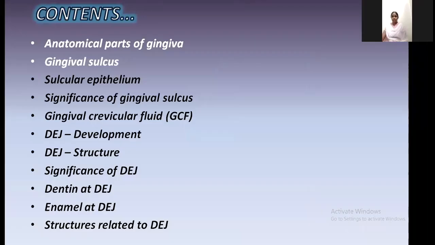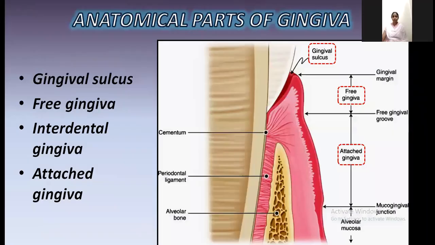Under this, we'll be covering anatomical parts of gingiva, gingival sulcus, sulcular epithelium, significance of gingival sulcus, gingival crevicular fluid, GCF, dentino-enamel junction development, dentino-enamel junction structure, significance of dentino-enamel junction, the dentin at DEJ, the enamel at DEJ, and structures related to DEJ. Moving on to the anatomical parts of gingiva, it consists of gingival sulcus.